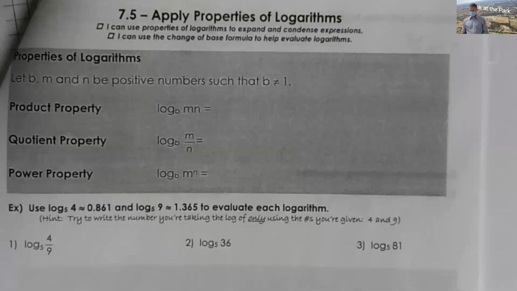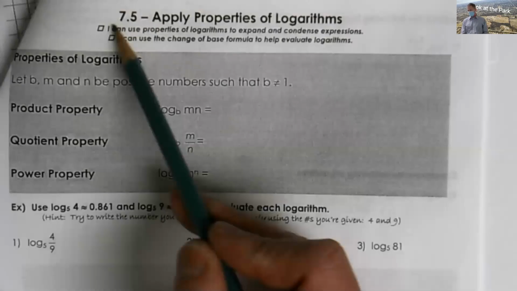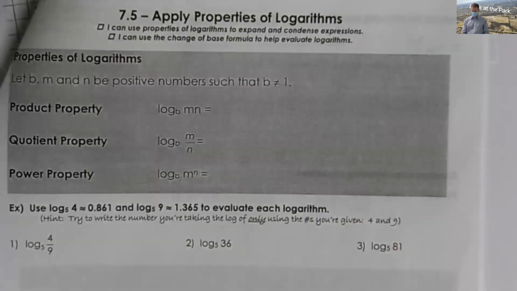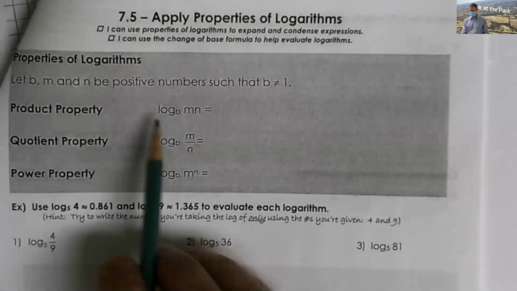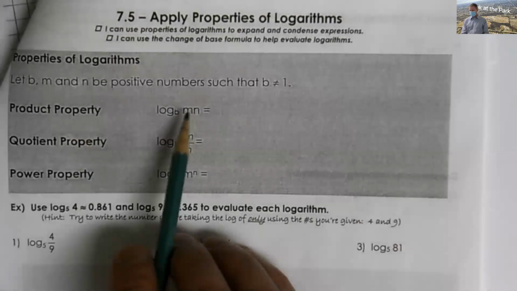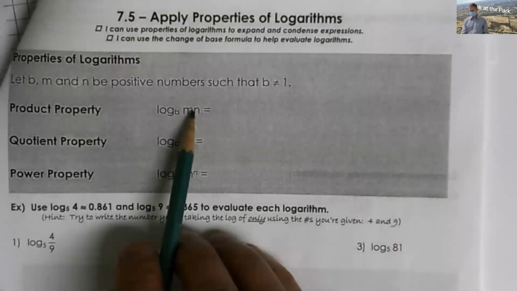So this is Algebra 2 with trig 7.5. We're going to apply the properties of logarithms. What we want to look at is recognizing that we're multiplying, looking at two factors of what we're trying to take the log of.